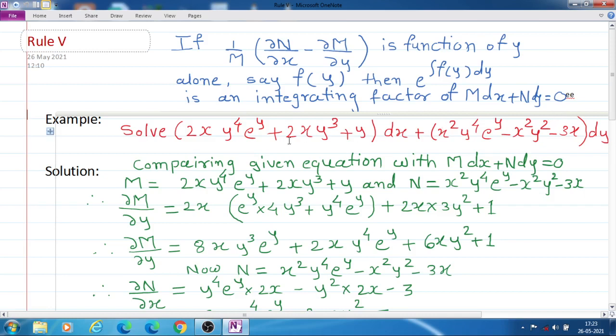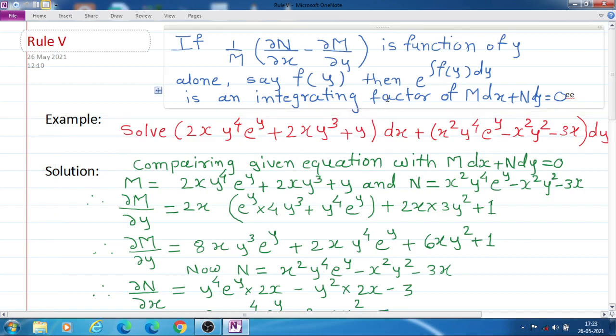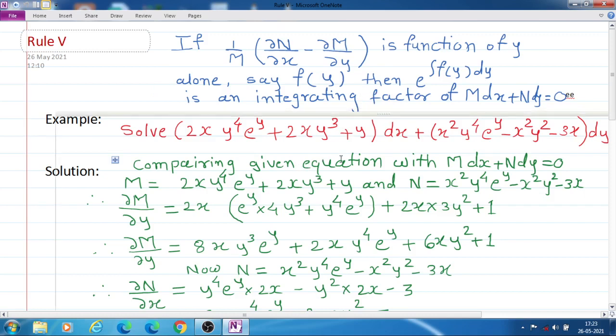So in the previous rule the value was f of x. Now in this rule the value must be f of y, that is, only terms of y, no term of x.